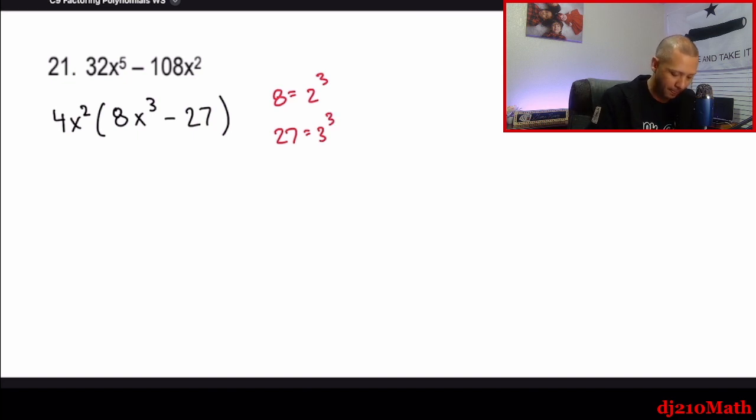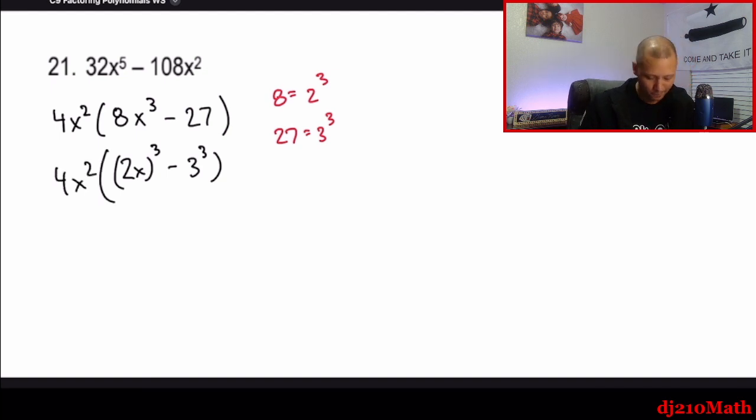So what does this mean? 2x cubed minus 3 cubed, and then 4x squared is out front. Okay, this is my a. This is my b. And this is a difference of cubes. So difference of cubes is minus, plus, plus, right? A difference comes first. So a difference, which implies subtraction, the minus sign comes first. Okay.